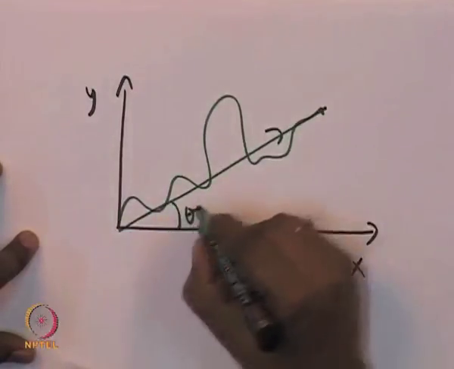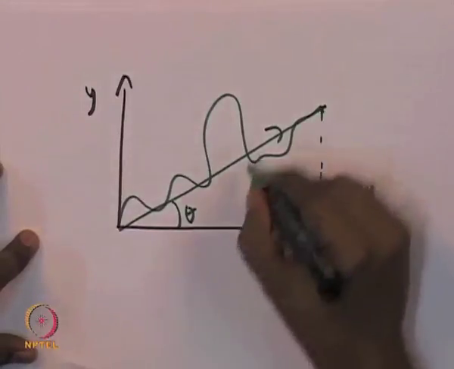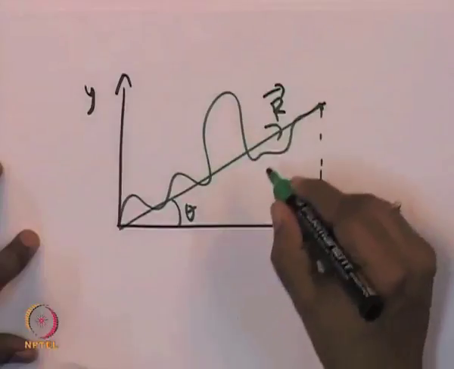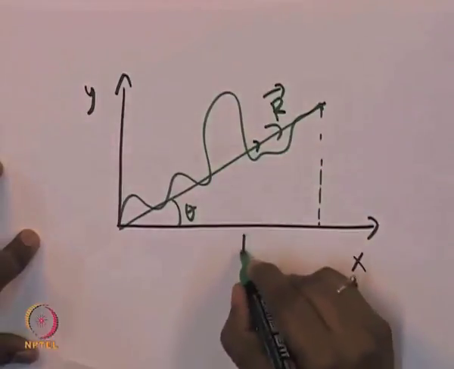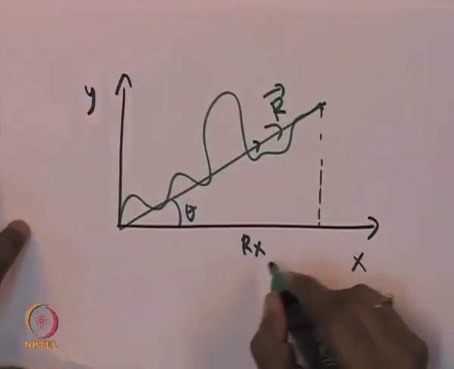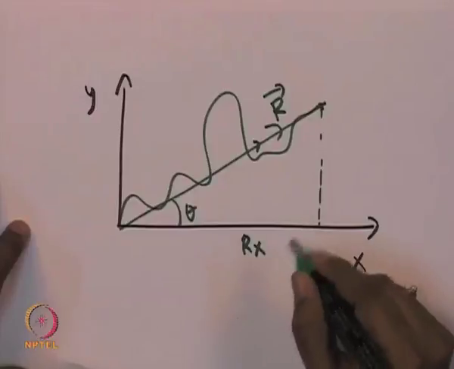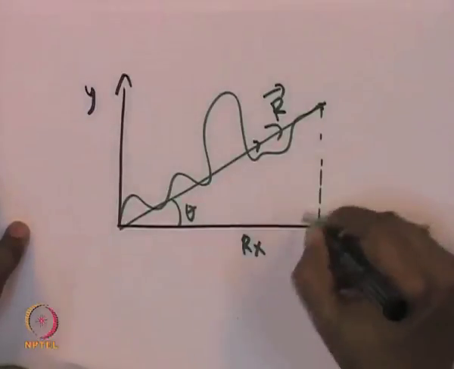If the angle is theta, this is r_x. So, this is the r vector and this is r_x, and r_x is nothing but r cos theta.